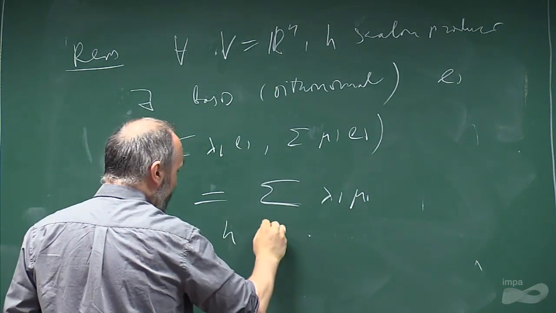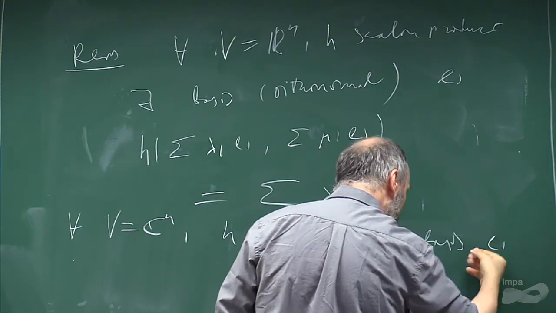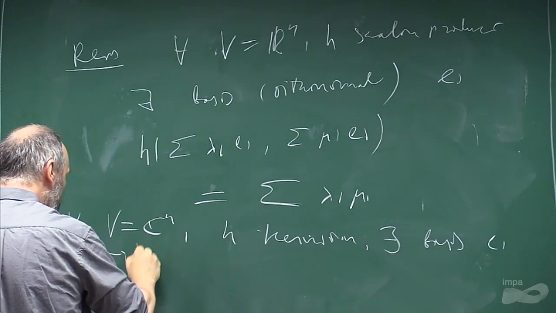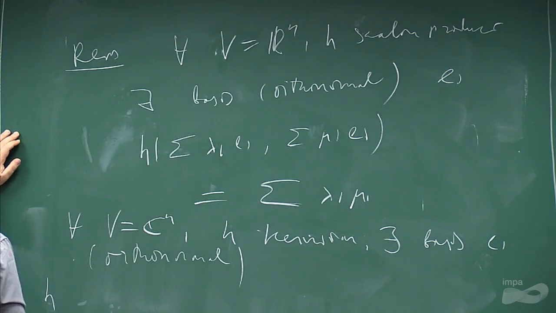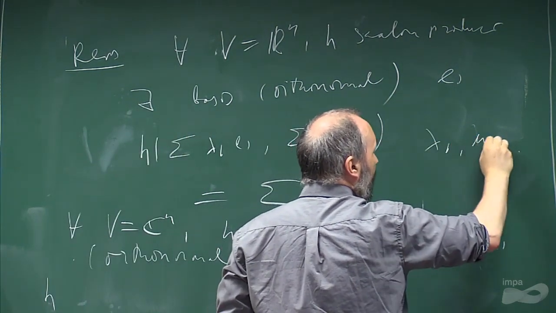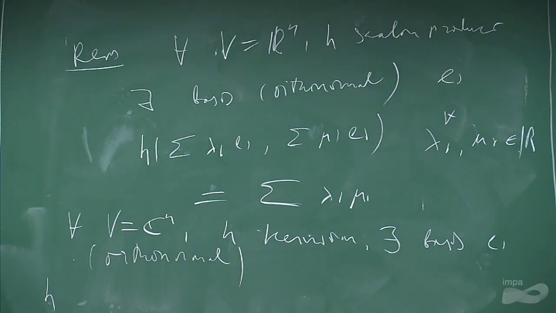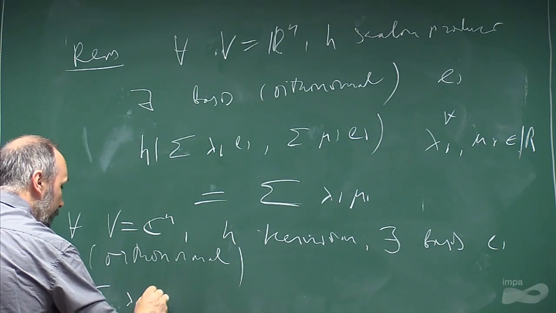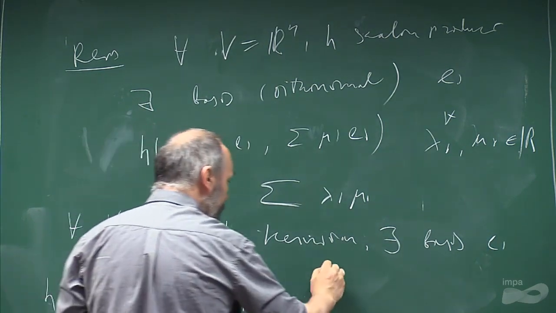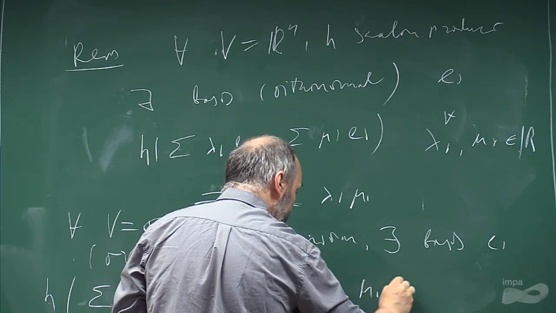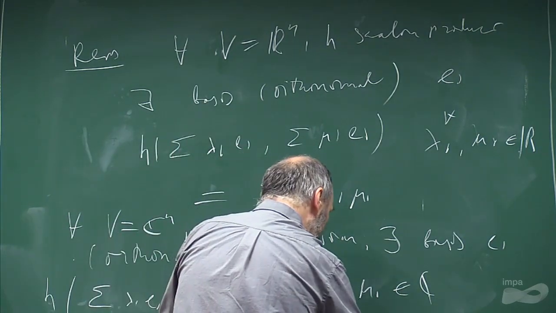For Cn with Hermitian form H, there exists a basis e_i, also called orthonormal, such that H of the sum of lambda i e_i and the sum of mu i e_i, where lambda i, mu i are now complex numbers, is equal to the same sum but with complex conjugate, so lambda i mu i bar.